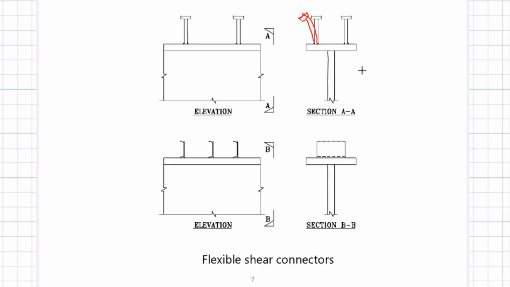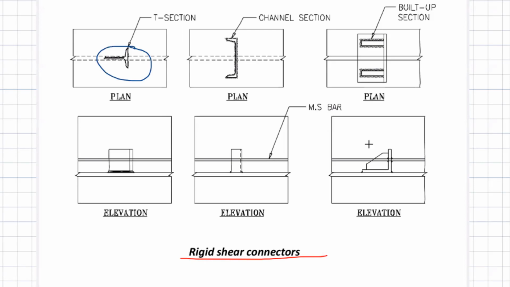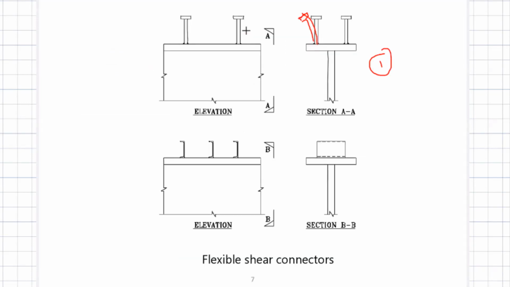This is one type of flexible shear connector, a channel shear connector, and you will be surprised that in the last slide, I showed the channel shear connector which I will not prefer. Right now I am saying this channel connector, which is slender, is acceptable to me.